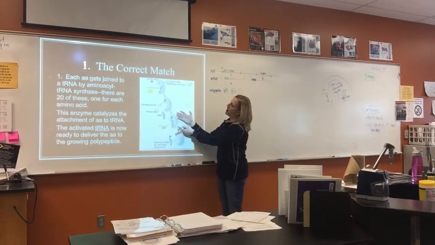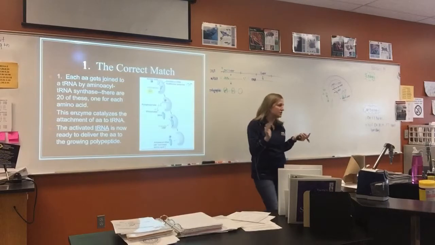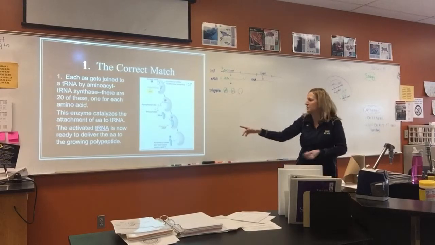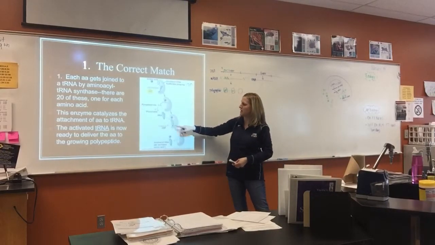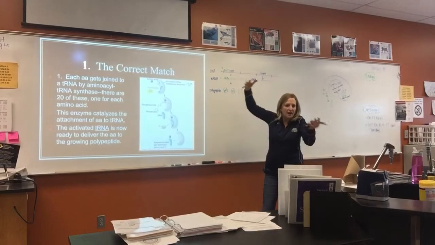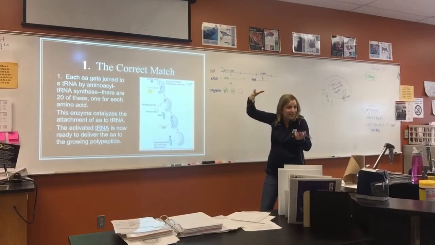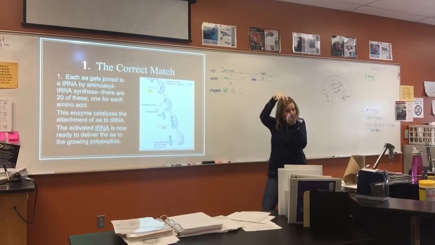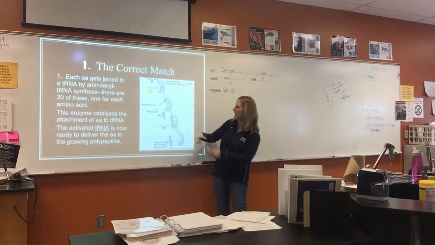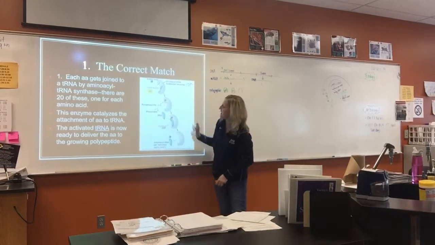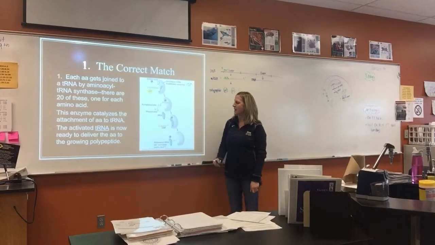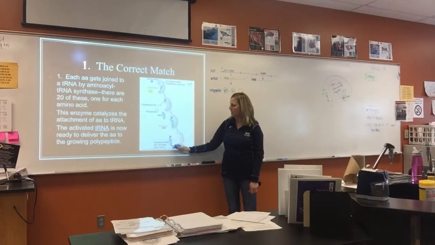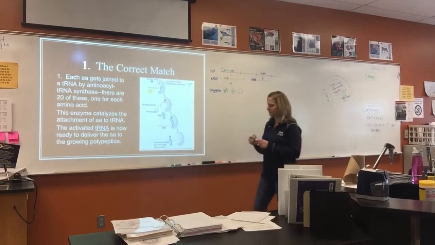And if you remember with enzymes, there's that induced fit hypothesis that once the substrates, which are the amino acid and the tRNA, bind, they kind of, I use the analogy of hugging, can orient the molecules so it's easier for them to bind. And so now we have a new bond here between the amino acid and the tRNA, and now we have this activated tRNA molecule right here.